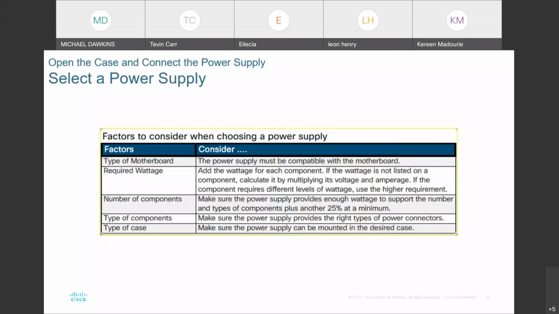Or the easiest thing to do when you buy that case is to look at the specification of that case to see which form factor, which particular design of power supply, will fit inside that case. All right, so that's important.